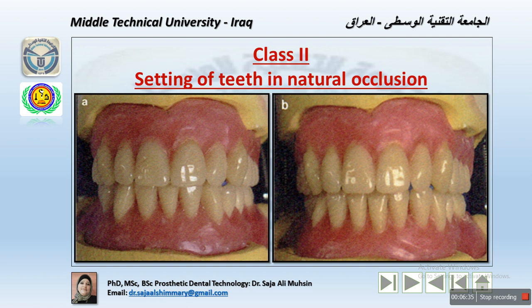Now, with the first premolar replaced with mandibular canines, they can be placed to articulate better with the maxillary first premolar. The aesthetics are also improved even if 7 mandibular anterior teeth are placed. And you can notice in the image on the right side, there are 7 lower anterior teeth, starting from canine to canine.